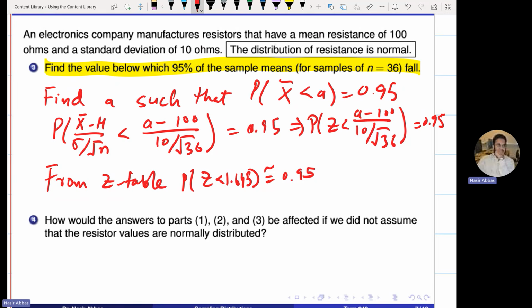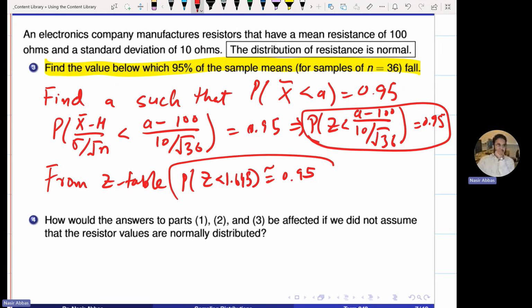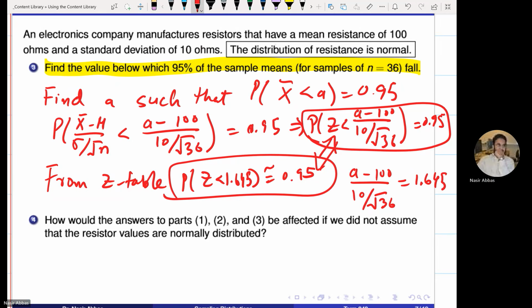So from the table, we have this equation. Now compare this equation with the earlier equation. What do we get? A minus 100 over 10 divided by root of 36 equals 1.645.